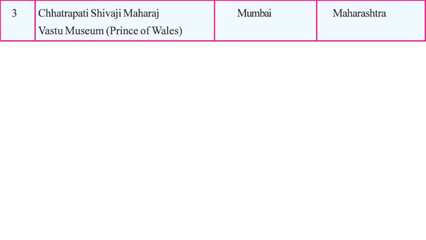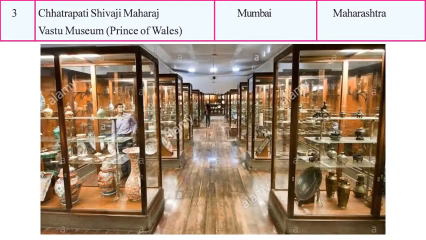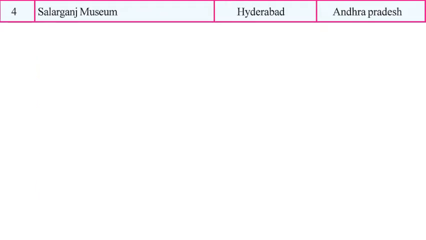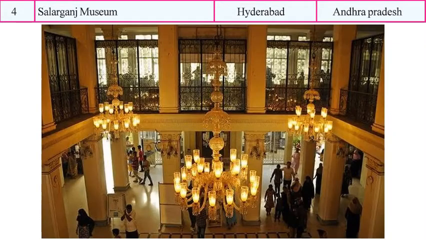The Chhatrapati Shivaji Maharaj Vastu Museum, which was originally the Prince of Wales Museum, is a very famous museum of Mumbai, Maharashtra. As you can see, the ancient relics of those times. You can see some utensils here. Then comes the Salarjung Museum of Hyderabad, Andhra Pradesh, a very big, famous and rich museum of ancient history.